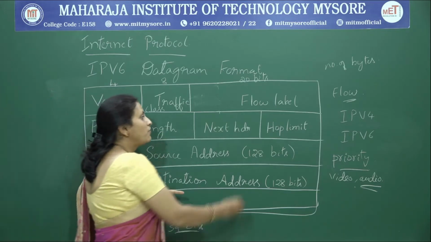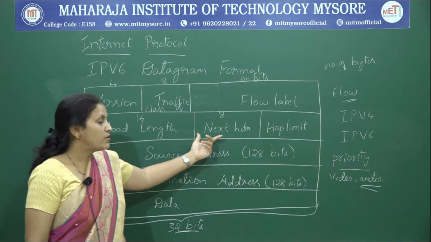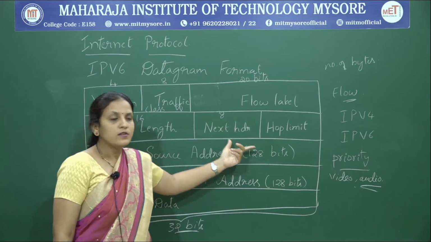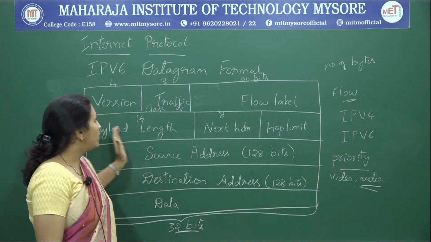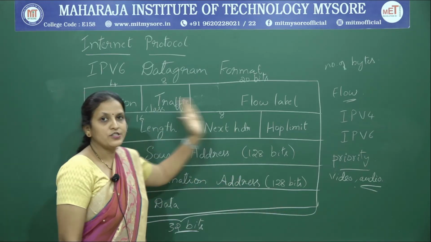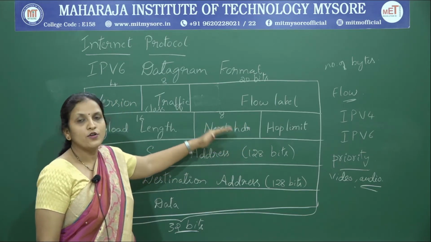After this, we have a field called next header, which is of 8-bit length, which specifies to which protocol this datagram is going to be delivered. After traversing from source to destination, to which protocol is this particular datagram going to be delivered?